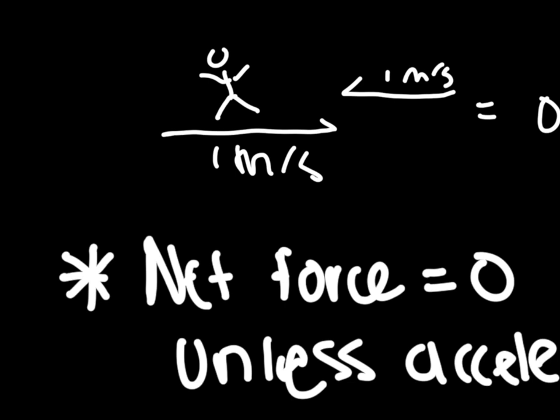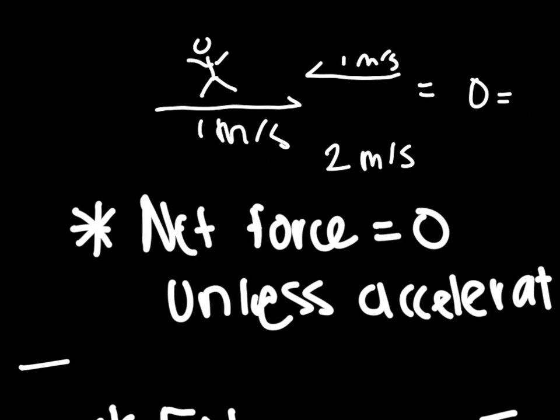But if I accelerated, let's say 2 meters per second, then that would mean that for every second that passes by, I'm going 2 meters faster, minus the 1 meter per second, which would change the value of zero now. Okay? I hope you're getting this.